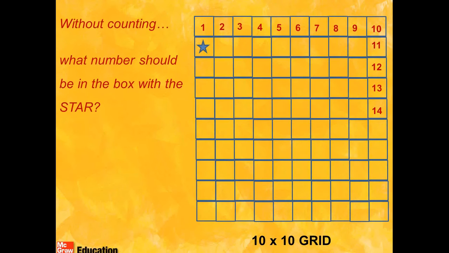Without counting, what number should be in the box with the star? And I am going to poll you for your answer. What answer do you think belongs here? Now I'm asking you, remember, without counting, what number do you think belongs here? 42, 40, 37, 36, or none of these?